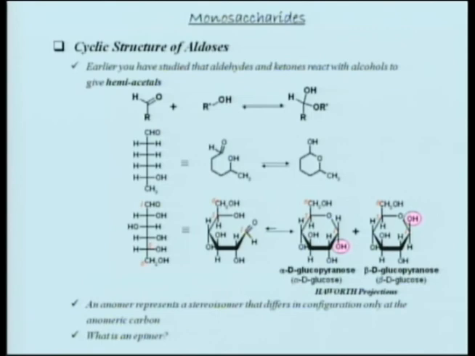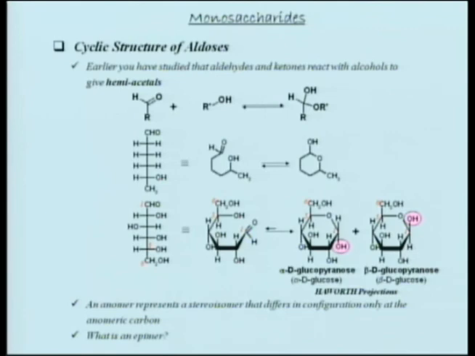Carbohydrates, especially of the aldehyde type, even ketoses would give you something like that, but those of the aldehyde type would not prefer to remain in an open chain form and would convert into a cyclic form. And that cyclic form can be of 2 types.